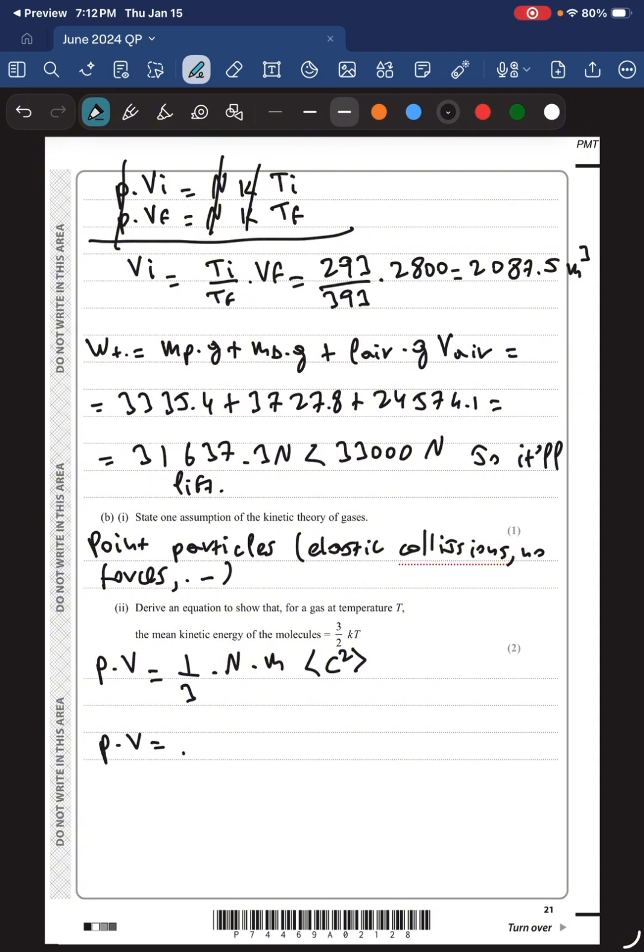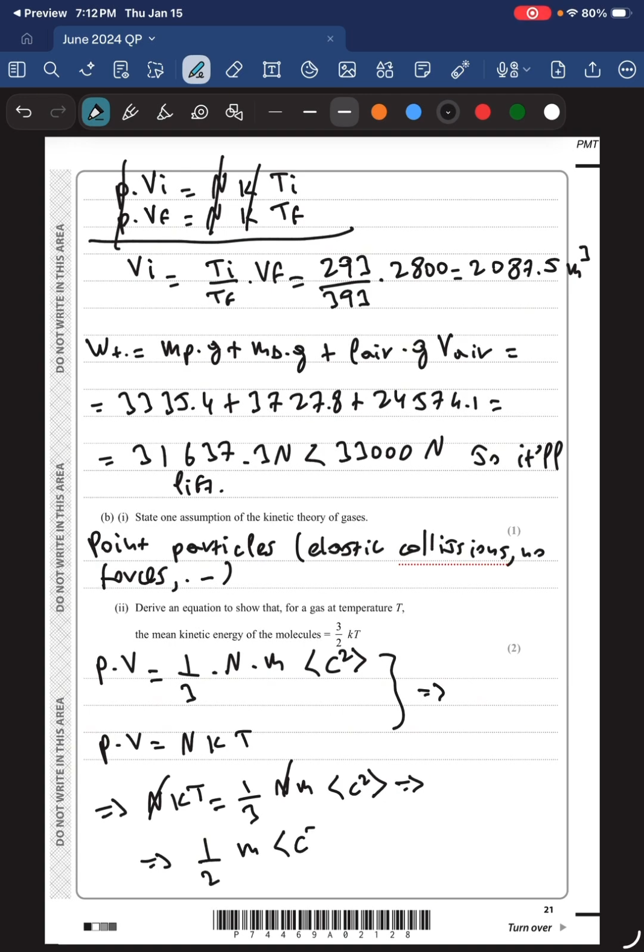And we can also use the most popular ideal gas law, and if we set these equal to each other, we get NkT equals 1/3 N m times the squared velocity. So N cancels, and if we multiply both sides by 1/2, we get 1/2 m times the squared velocity is equal to 3/2 kT. This is an easy problem, okay?